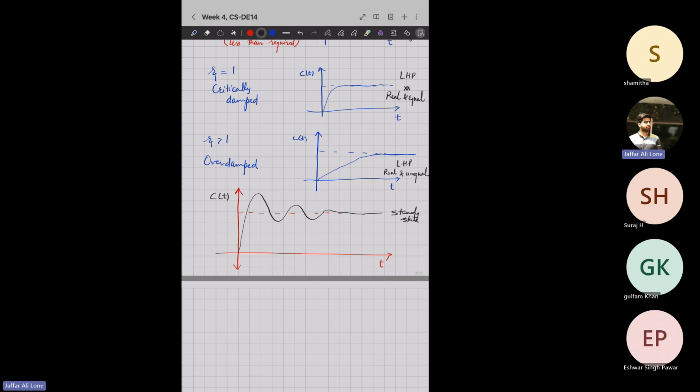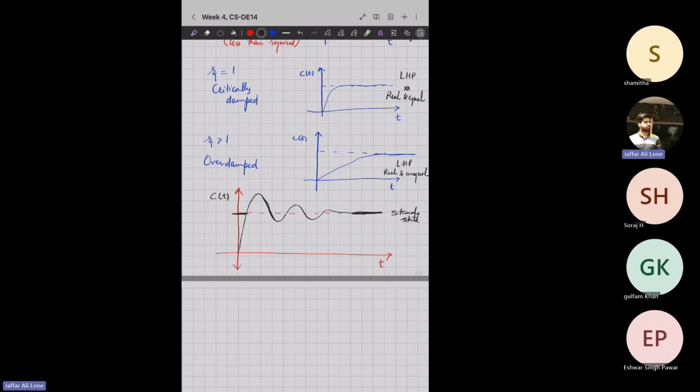I want my system to settle on this value. But what is my system doing? It starts from here, and it should stop here, but it's not stopping. It's going up and then going down, then again going down, then again going up, and then it's stopping somewhere here. It's taking some time to stop at that position, right?